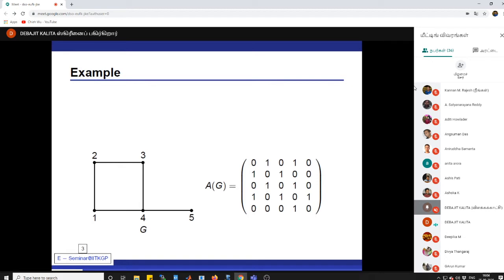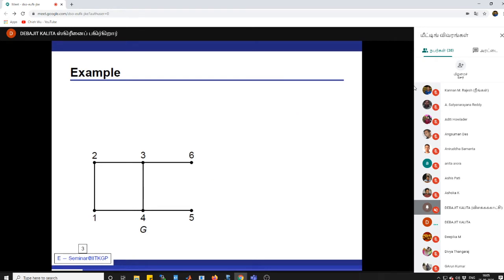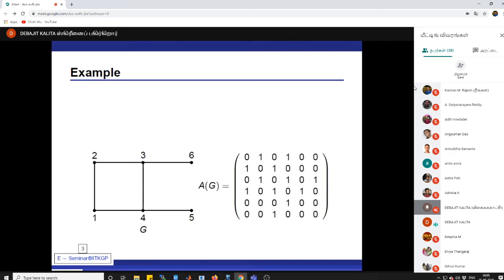So whenever a matrix is in front of us, the first thing we usually see is whether it is singular or not. And we see that it is singular. Then we take another graph, slightly different, and we consider its adjacency matrix, and we see that this is non-singular.